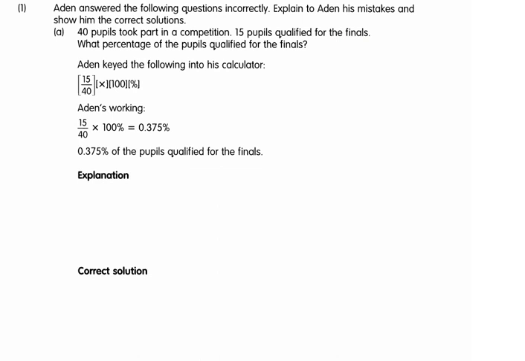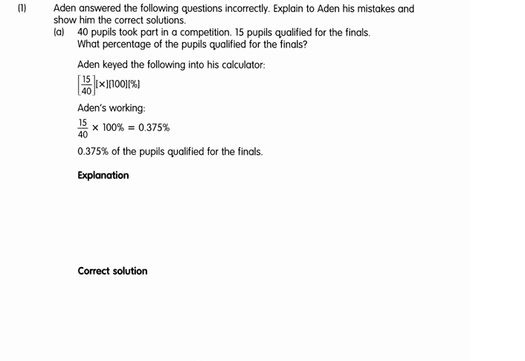So he keyed the following into his calculator. Then Aiden's working equals this. So 0.375% of the pupils qualified for the finals. Okay, you all may laugh.